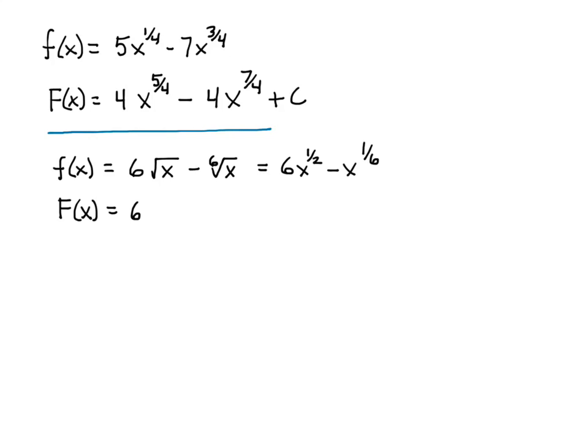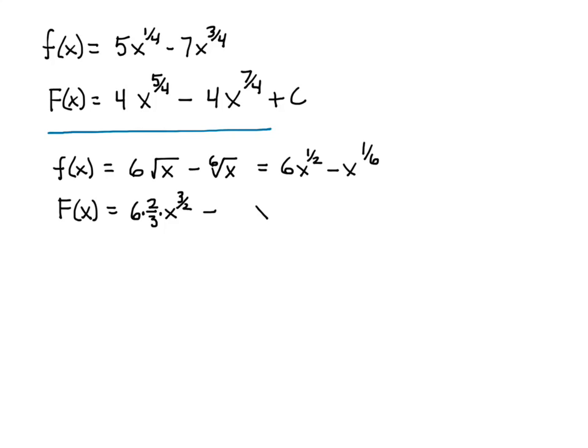For x to the 1/2, 1/2 plus 1 is 3/2, and so we're going to have that 6 as a coefficient in some fashion. So we should have a 2/3 multiplied in here. So if we take the derivative of x to the 3/2 times 2/3, we'll get 1 and then have the 6. So when we simplify that out, we'll get the proper coefficient.